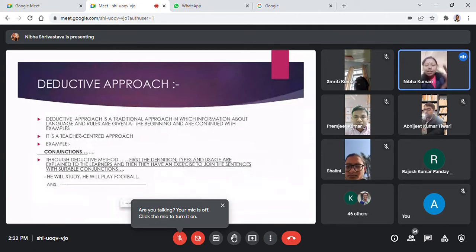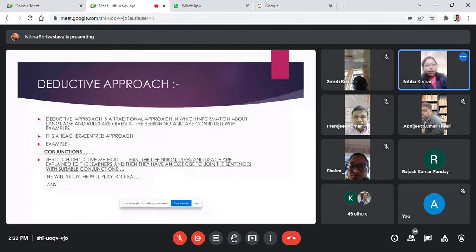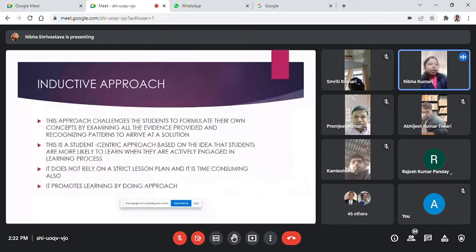But some of the students will give the answer, "He will study and play football." This is the inductive approach, in which the students learn by doing.